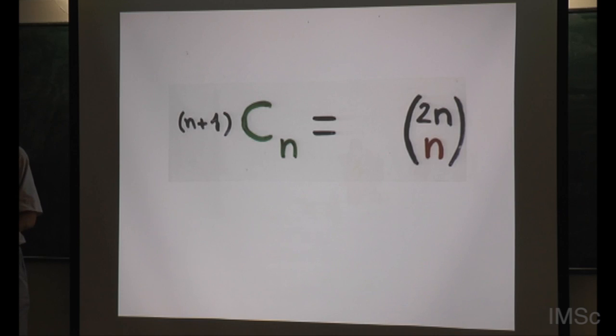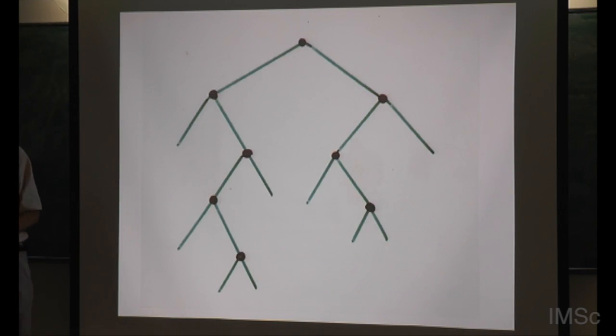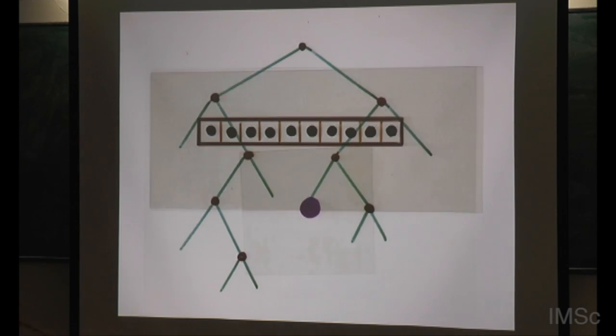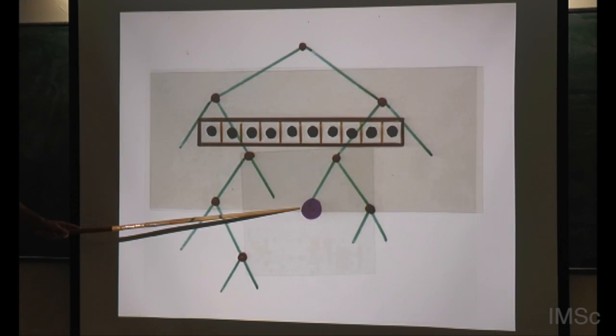So a more bijective proof would be to prove this identity. What does it mean? C_n is the number of binary trees, and n plus 1, what is n plus 1? It's the number of leaves. So you choose one of the leaves.